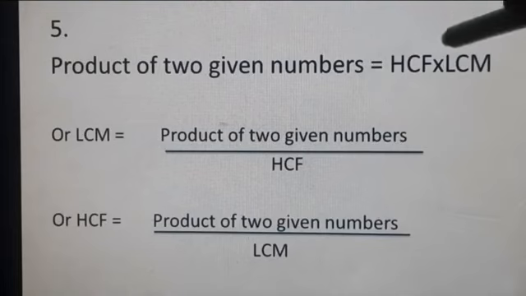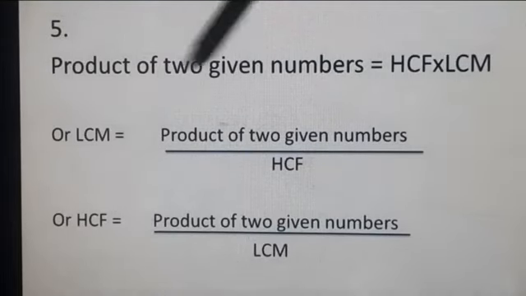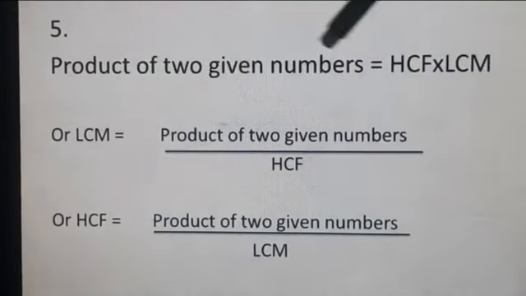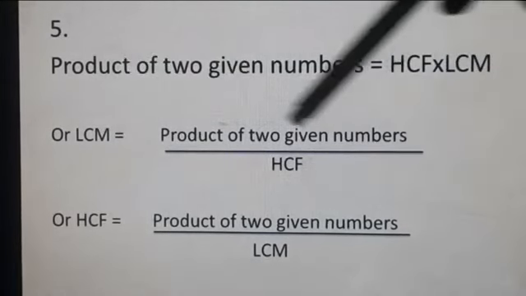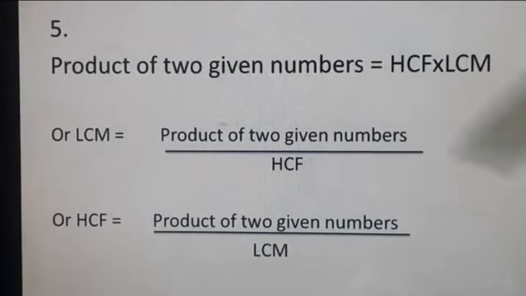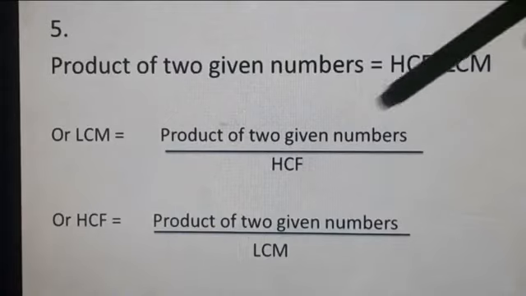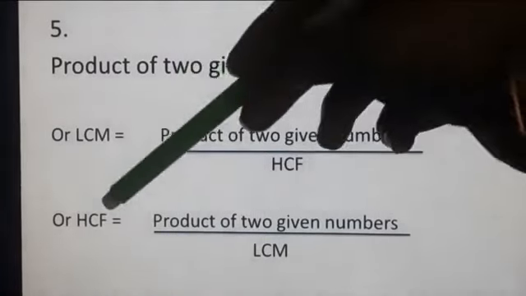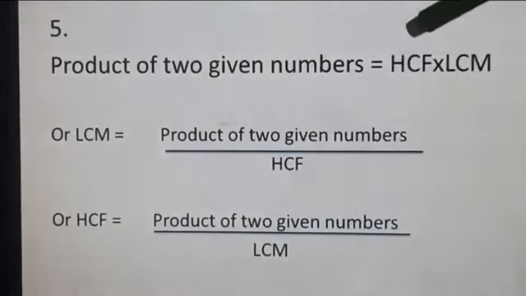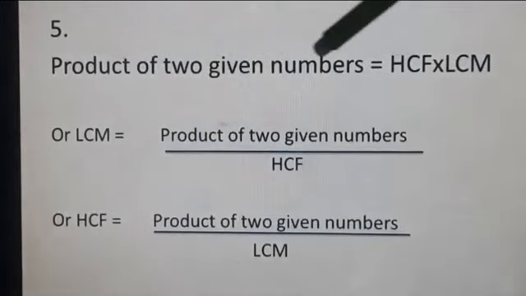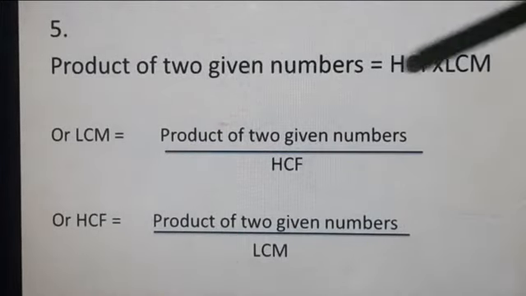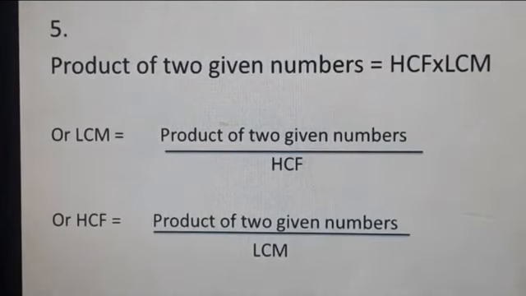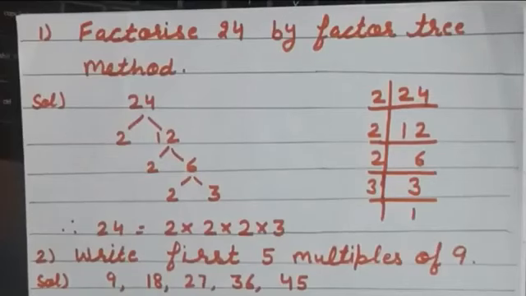From this, we can calculate LCM and HCF. How? LCM is equal to product of the given numbers divided by HCF. HCF will be shifted here. And when we are finding out HCF, HCF is equal to product of two given numbers divided by LCM. Clear? Now we will do some practice questions.